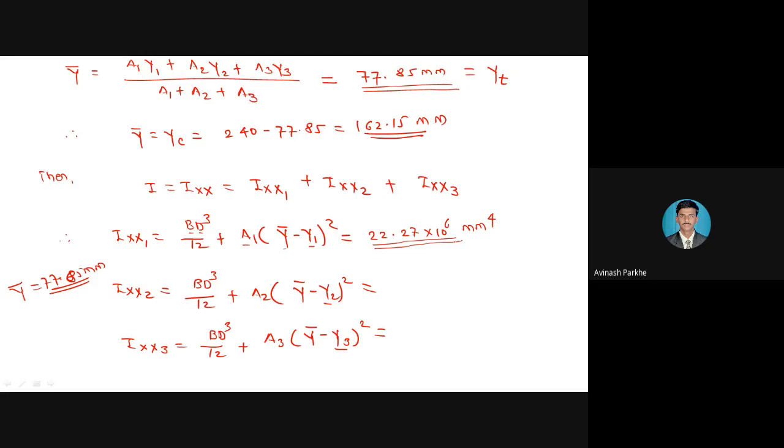That means the vertical rectangle. For the vertical rectangle, second section, the value of B is 20 and the value of D is 180, so 180 cube. A2 we have calculated, Y2 also we have calculated. Find the value of Ixx2.